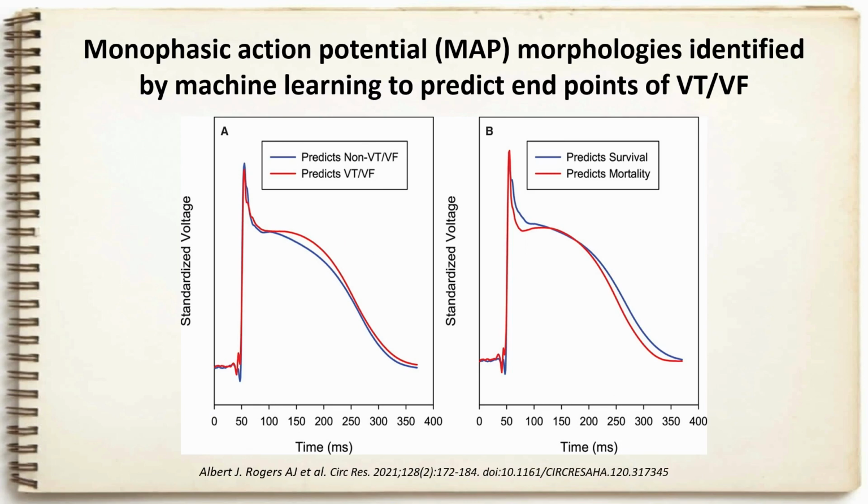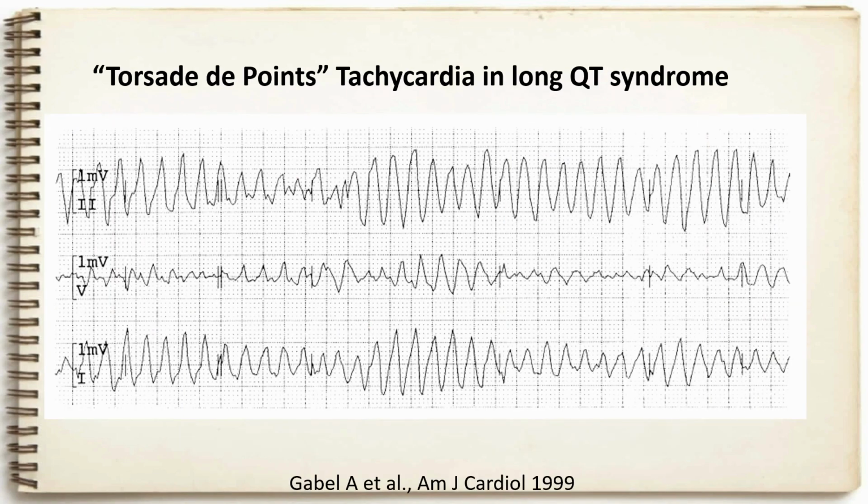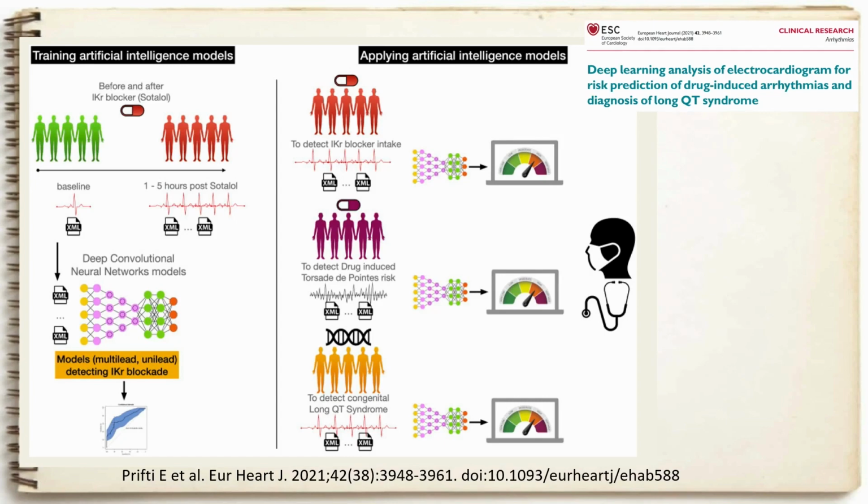But if you look just by naked eye at these monophasic action potentials, you see that it's very difficult to really see major differences. So this is really something where AI can excel. Torsades de pointes, long QT, I have mentioned already this. This is a paper which described the possibility of detecting latent long QT in patients who receive sotalol.